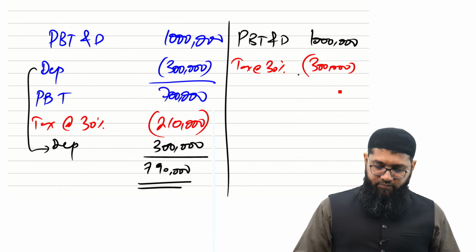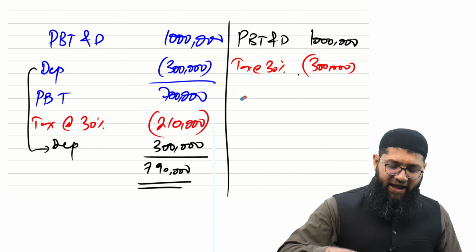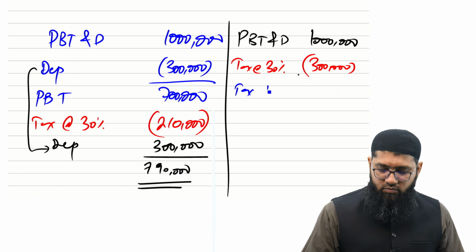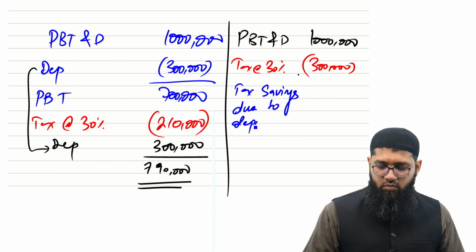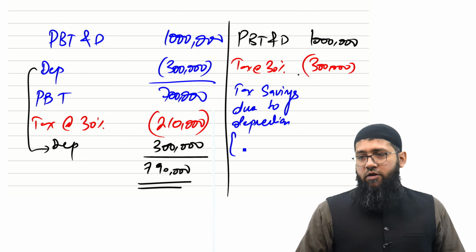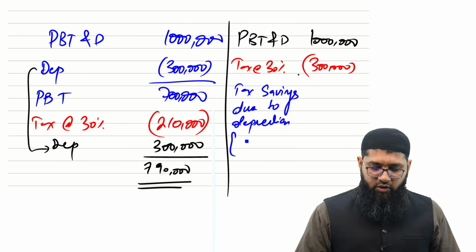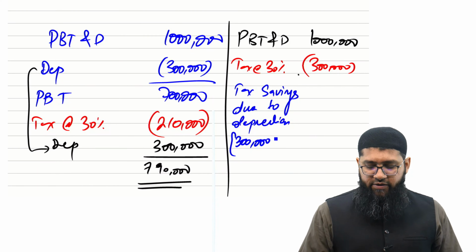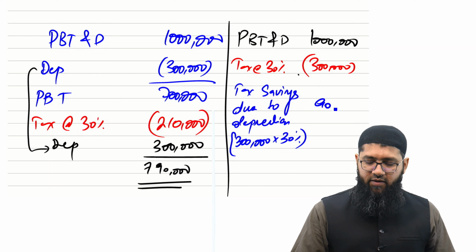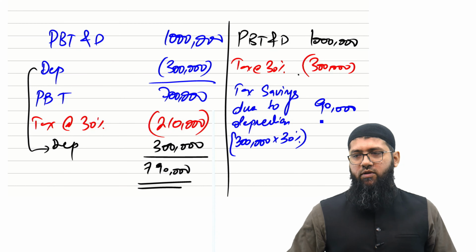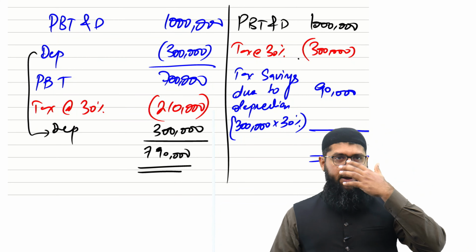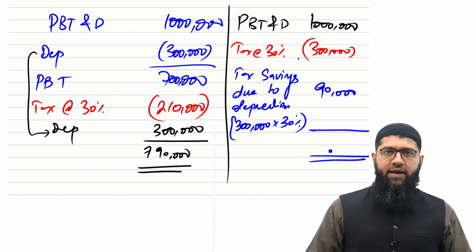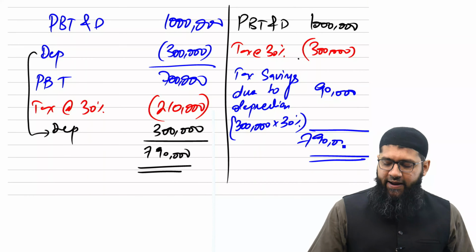Then you account for the tax savings due to depreciation, which is 300,000 as depreciation times 30%, giving you 90,000, which needs to be added back. So 1 million minus 300 plus 90 again leaves you at 790,000.